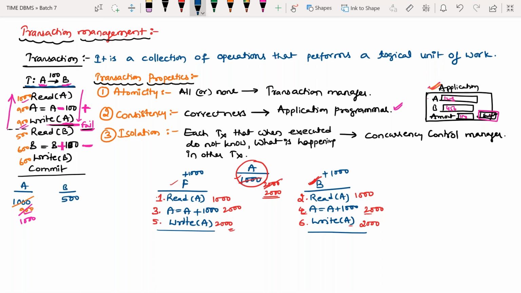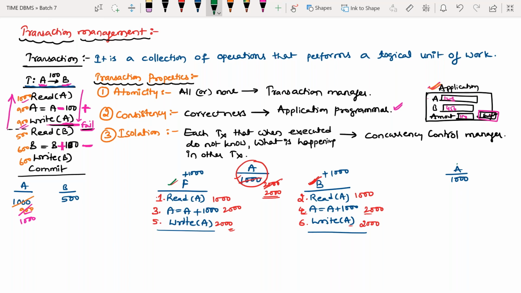Let me give a small example. Say account A has 1000 rupees. Now the Concurrency Control Manager should control that execution. Most Concurrency Control Managers use locking protocols for concurrency control. Suppose F started first.